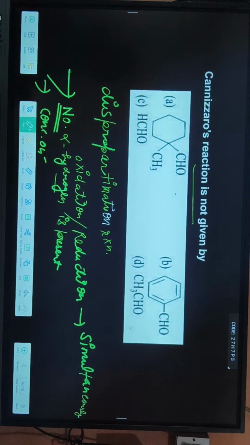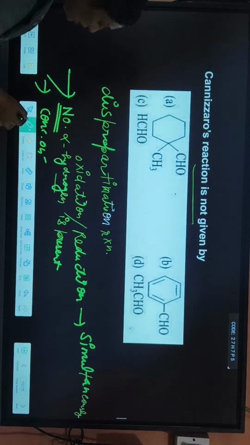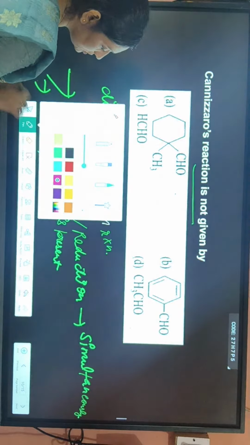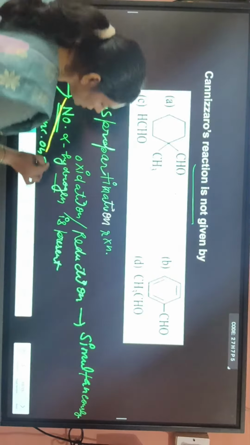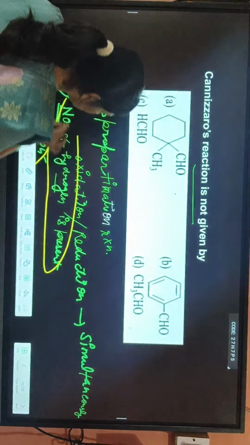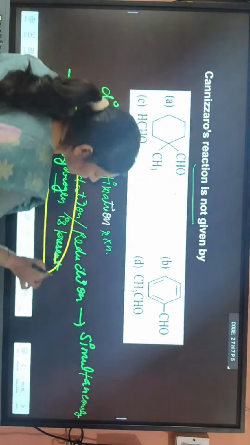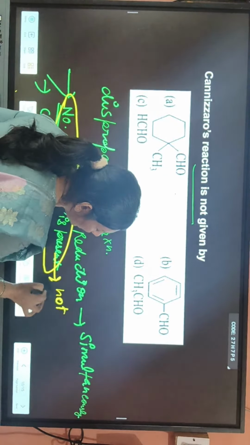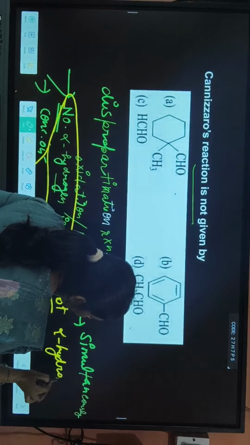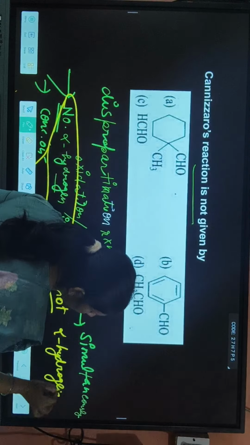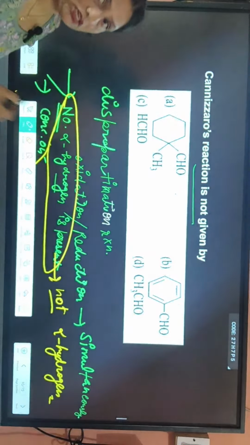So, students, the best point for this reaction is that alpha hydrogen must not be present in the compound. I am using the word not. Then it will show the Cannizzaro reaction, otherwise not.